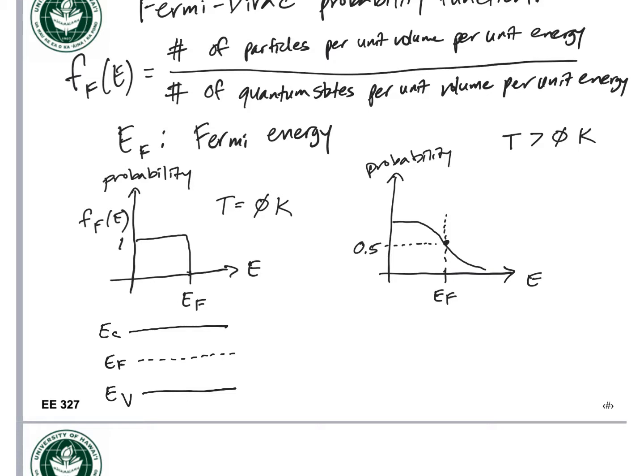So what does this mean? An equal or almost equal concentration of holes and electrons. If it's intrinsic, it's almost equal concentration of holes and electrons. It's in the middle.